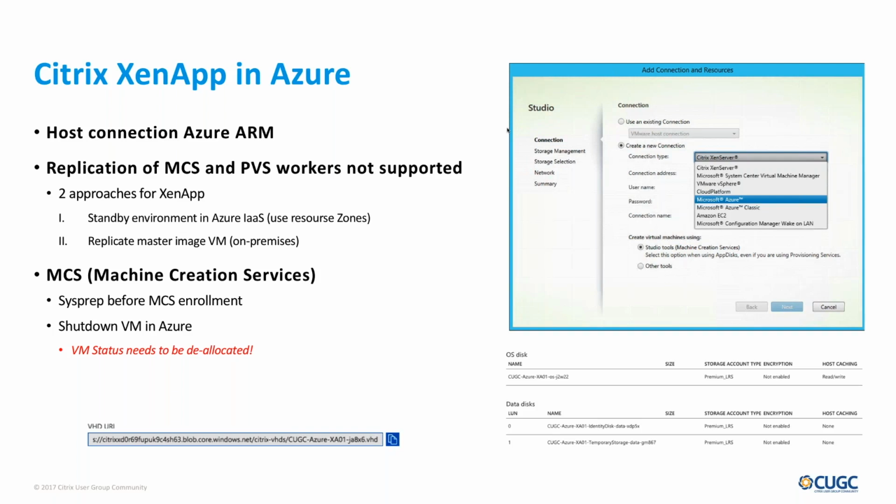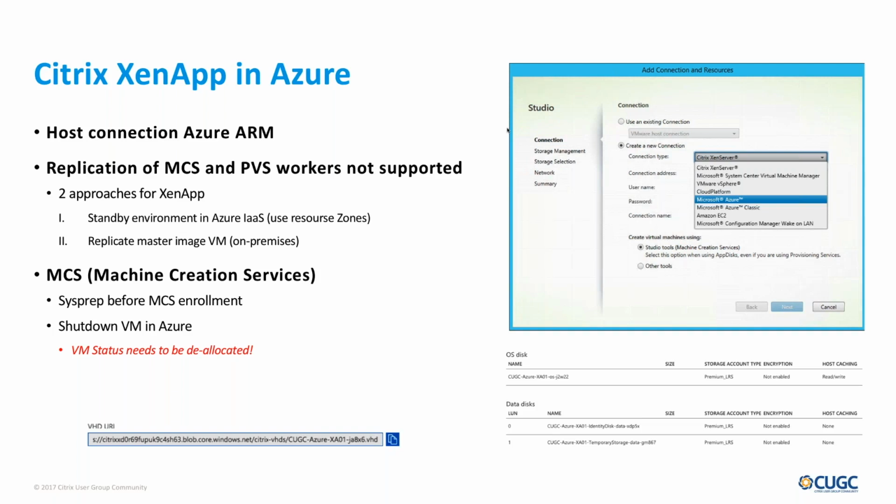And with that in mind, there are 2 approaches to replicate your actual Citrix XenApp environment to Microsoft Azure by using the Site Recovery service. One of them is creating a standby environment in Azure Infrastructure as a Service.